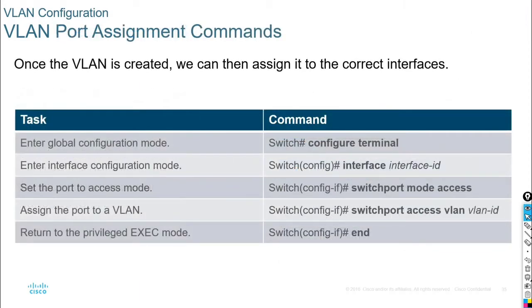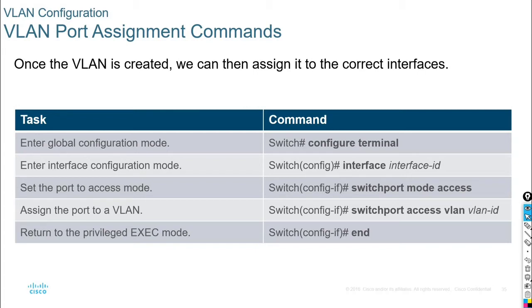So, VLAN port assignment commands. Once the VLAN is created, we can assign the correct interfaces here. After creating a VLAN, the next step is to assign ports to the VLAN. The switchport mode access command is optional.